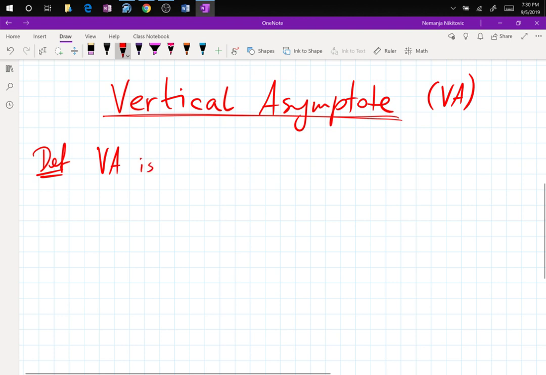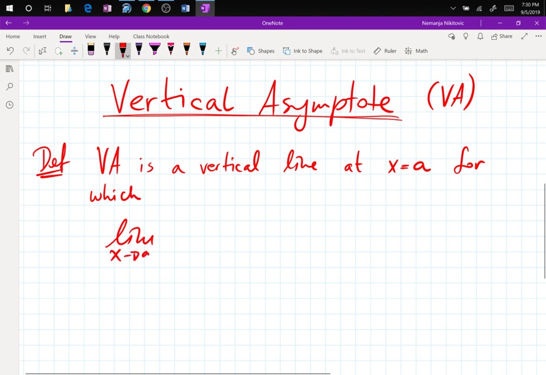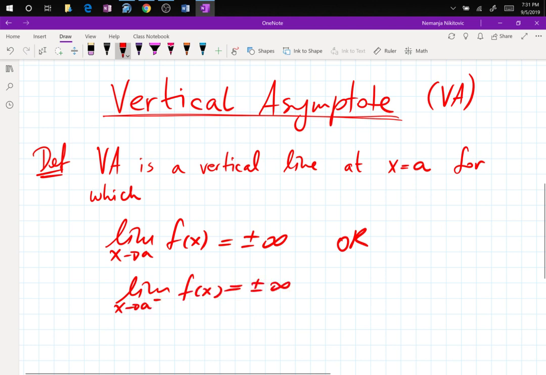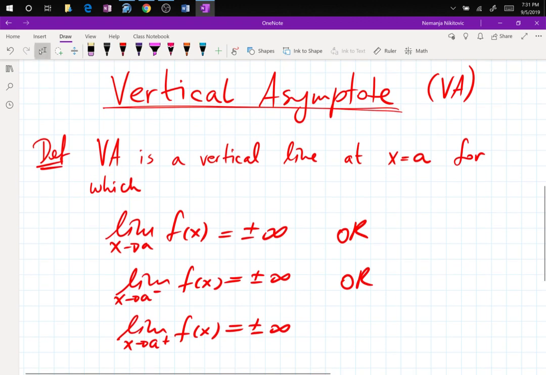A vertical asymptote is a vertical line at x equals a, for which limit as x goes to a of f of x is equal to positive or negative infinity, or limit as x goes to a minus of f of x is equal to positive or negative infinity, or limit as x goes to a plus of f of x equals positive or negative infinity. This is your vertical asymptote definition.